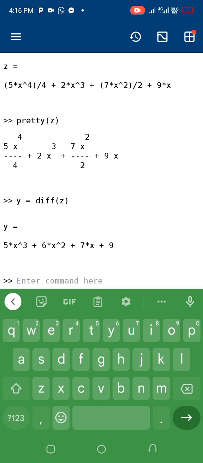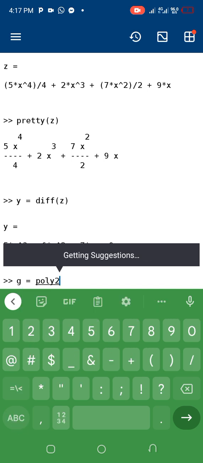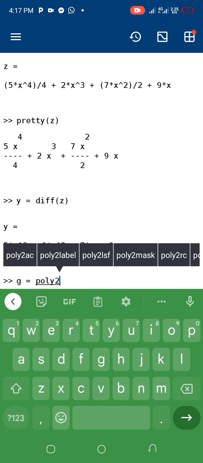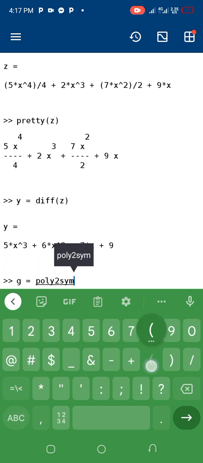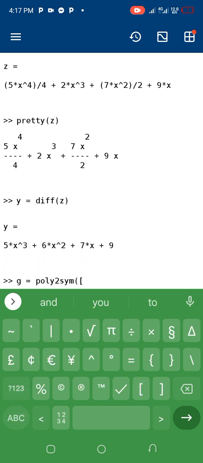And this is how you can form your polynomial, integrate it in Matlab, and then differentiate it. Maybe let us create our last example of a polynomial with fraction coefficients. So let us say maybe g is equal to our poly2sym. We are creating a symbolic polynomial with the following coefficients.